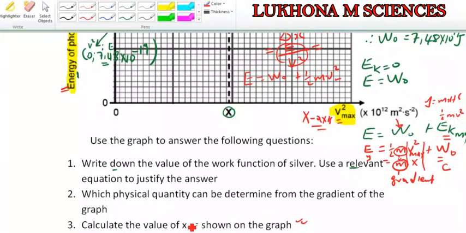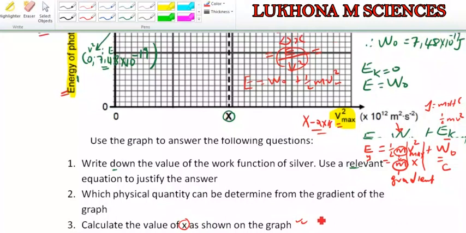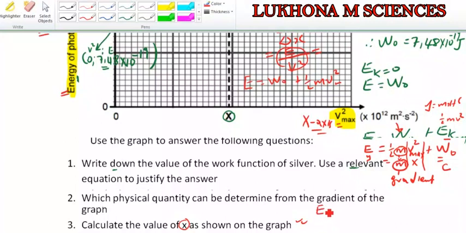It must calculate your x. Let's calculate x. Even here we use the same formula. E is equal to work function plus 1 over 2 mv squared.